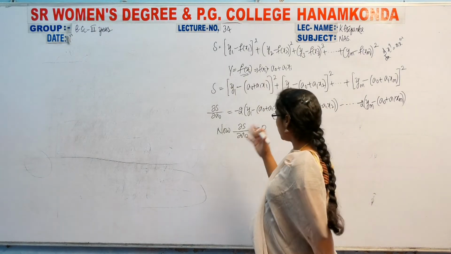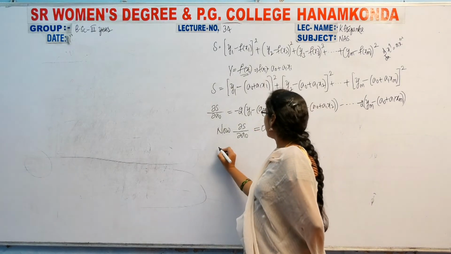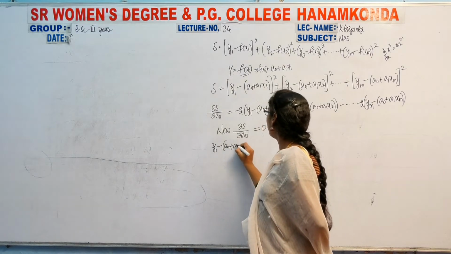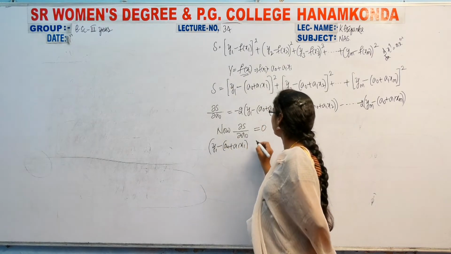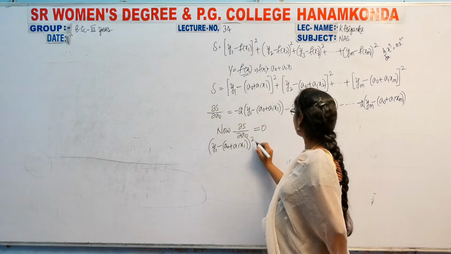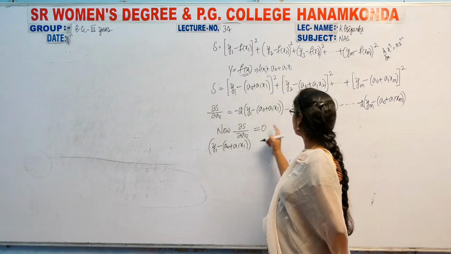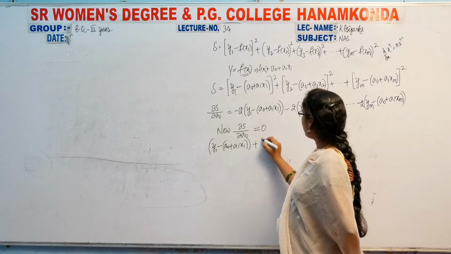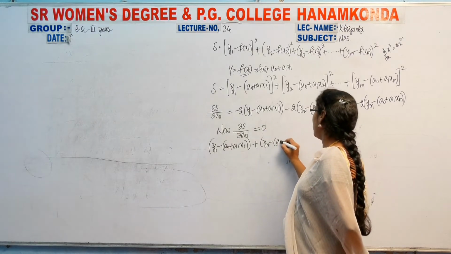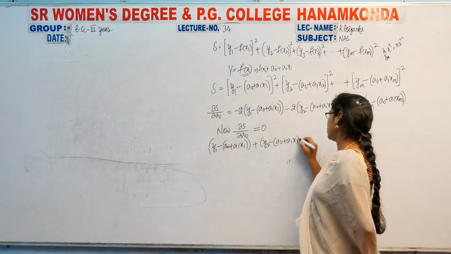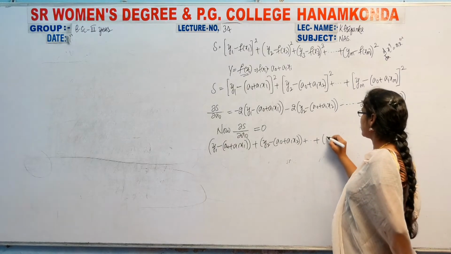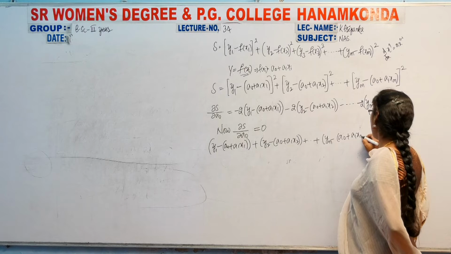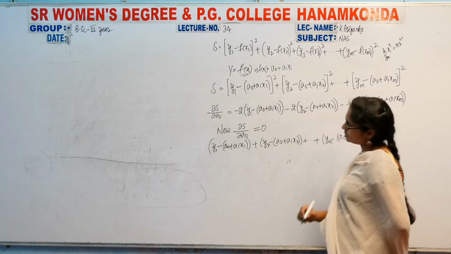Then y1 minus a naught plus a1 x1, next plus y2 minus a naught plus a1 x2, plus so on, plus ym minus a naught plus a1 xm, equal to 0.